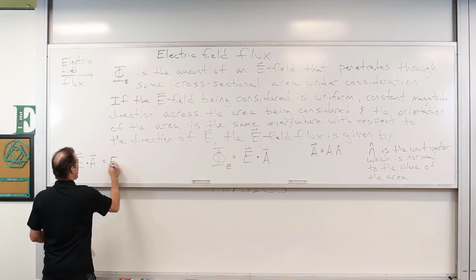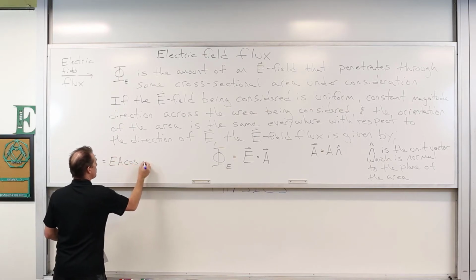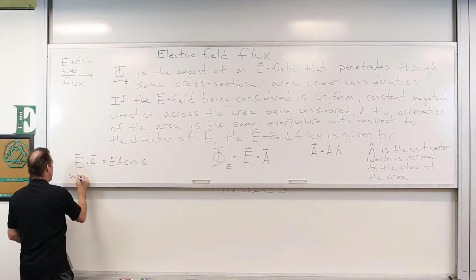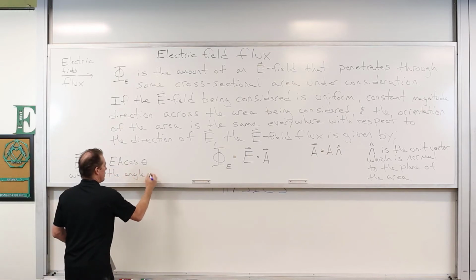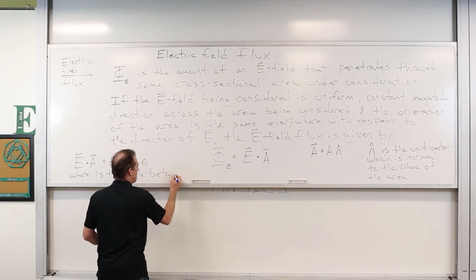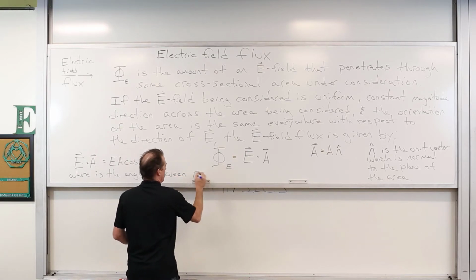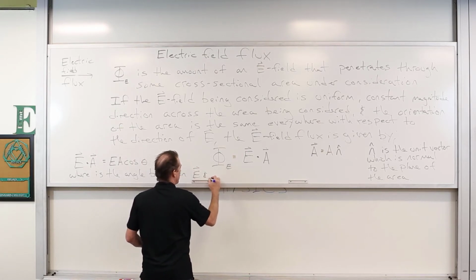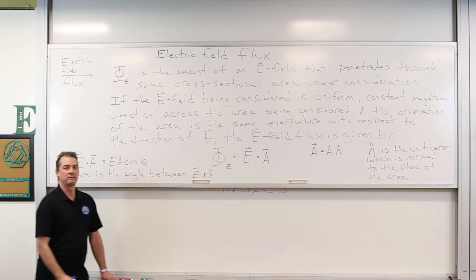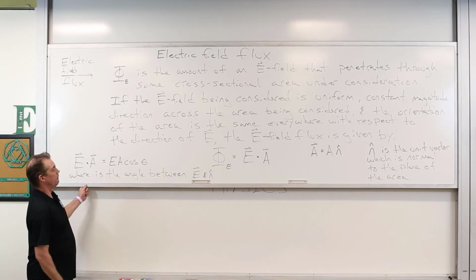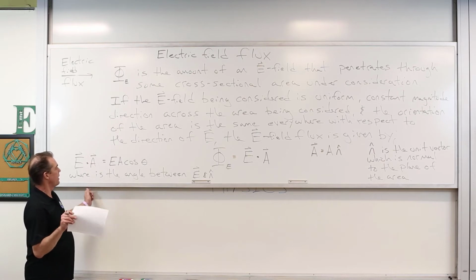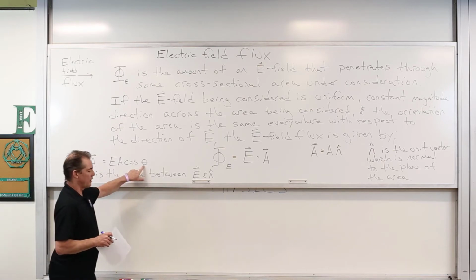We have that is EA times the cosine of theta, where theta is the angle between E hat and N hat, where N hat again is the normal vector associated with the area vector of the area under consideration. So there's this angle here.